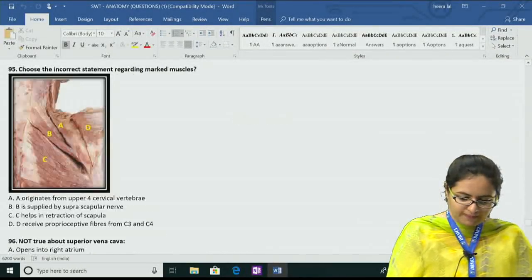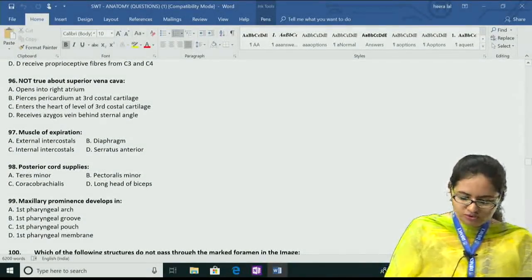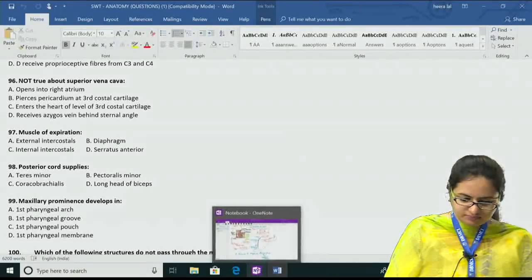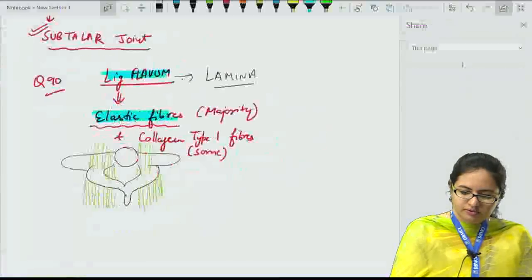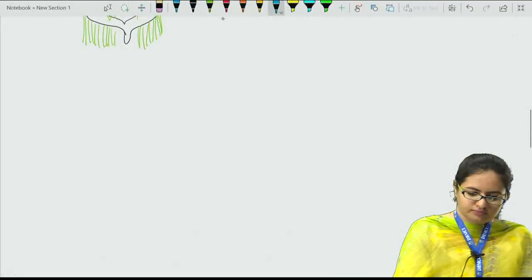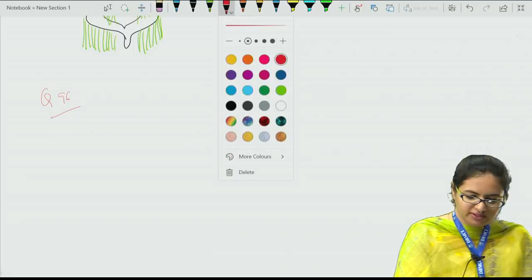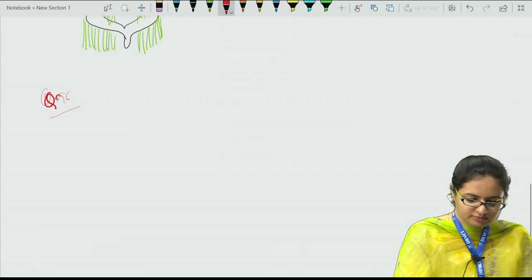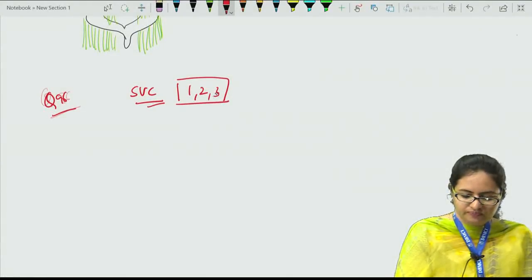On question number 96, it talks about the superior vena cava. The superior vena cava follows a rule of 1, 2, 3.